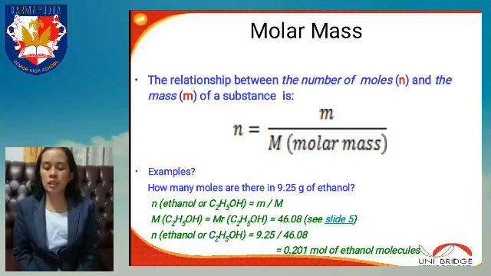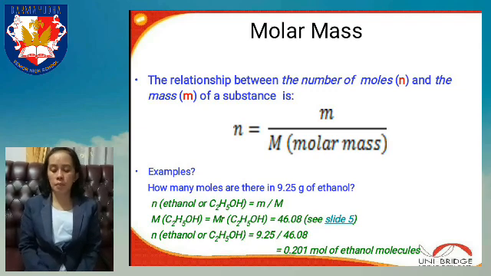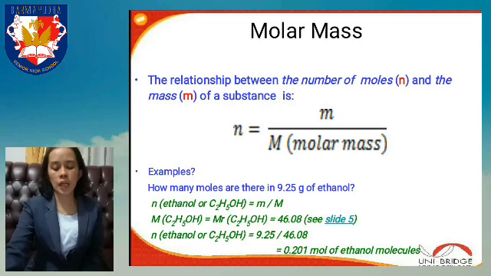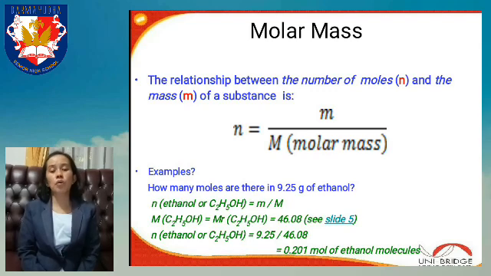The equation in the slide shows how relative molecular mass, number of moles and mass are related. So, number of moles equals mass divided by relative molecular mass. In this slide, I show you how to get the moles of ethanol in 9.25 grams of ethanol.